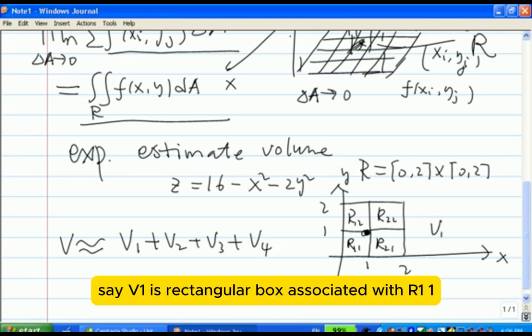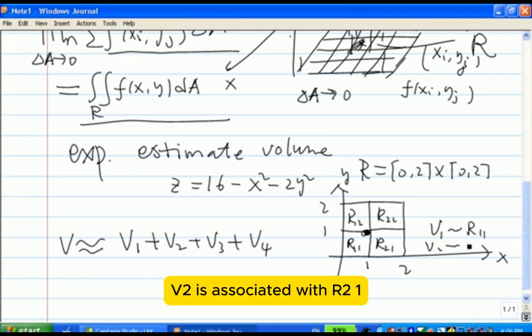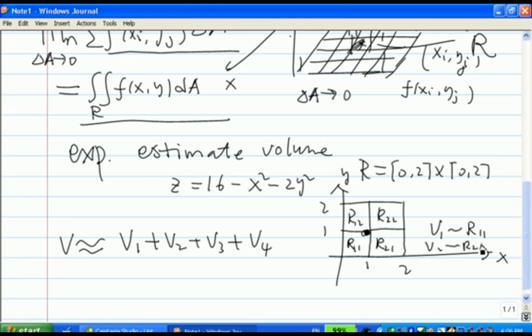Say V1 is the rectangular box associated with R11, V2 is associated with R21.